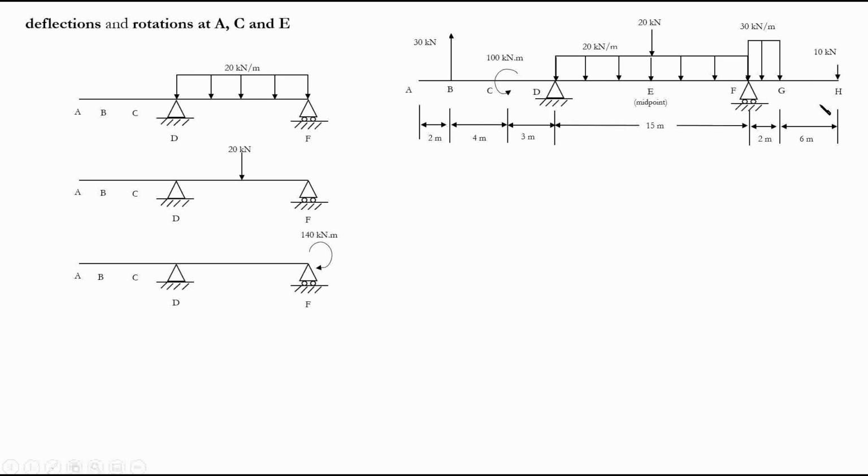It's 10 multiplied by 8 plus 30 times 2 multiplied by 1, which is the moment. So 30 times 2 times 1 will be 60, 10 times 8 will be 80. So 60 plus 80 is 140 kilonewton meter, right?